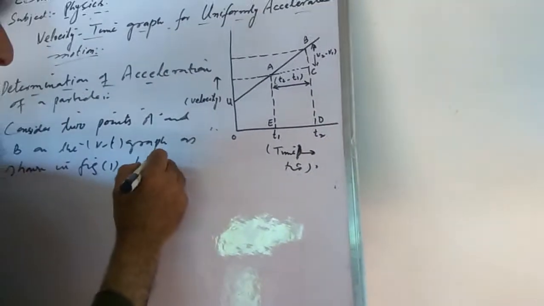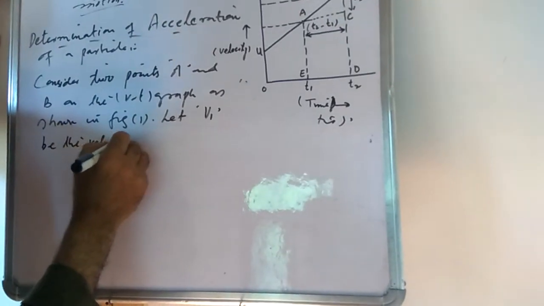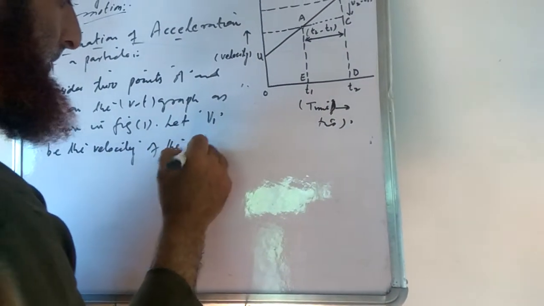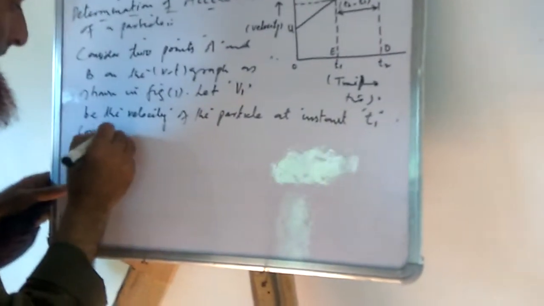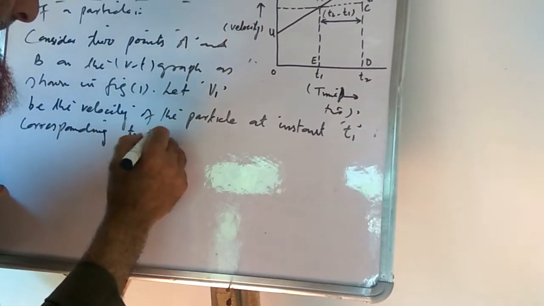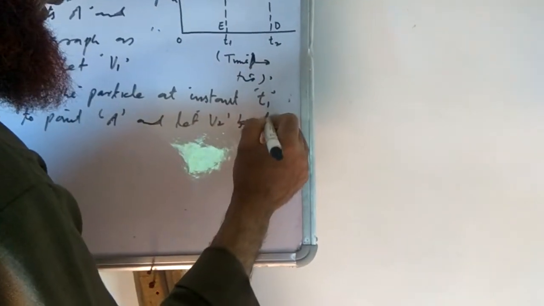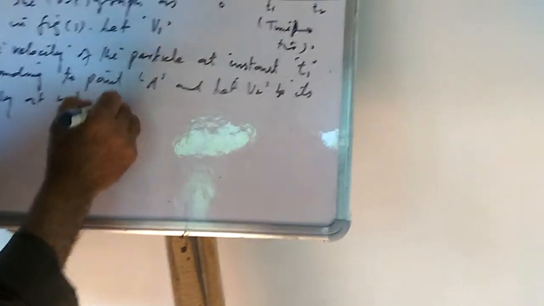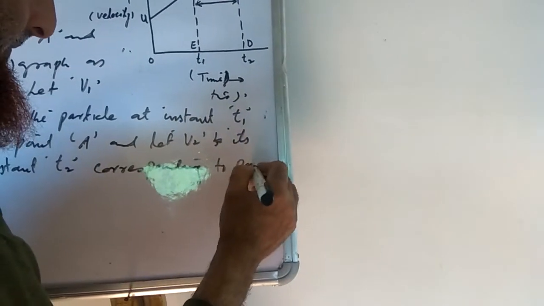Let V1 be the velocity of the particle at instant t1 corresponding to point A, and let V2 be the velocity at instant t2 corresponding to point B. Now look here.